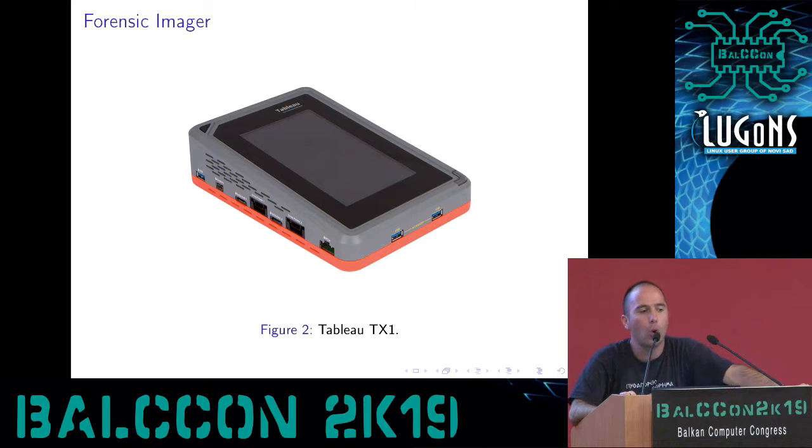So I'm coming to some specific forensic tools. This device is called a forensic imager. It is basically a small computer that copies data from one hard disk drive or solid state drive to another. It is specific because it has support for different hardware interfaces, and interfaces on one side are write blocked, which means that this device cannot alter data on the source drives in any way.